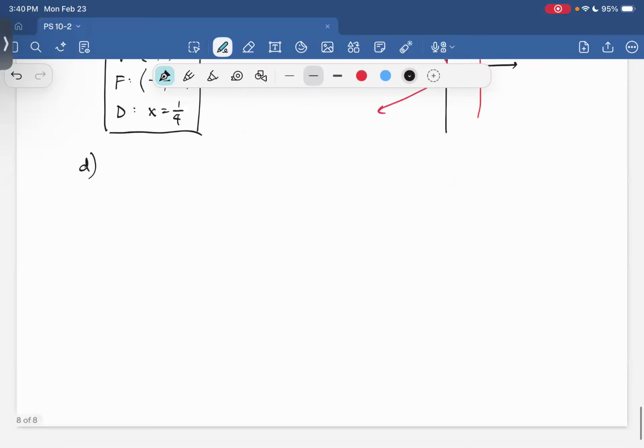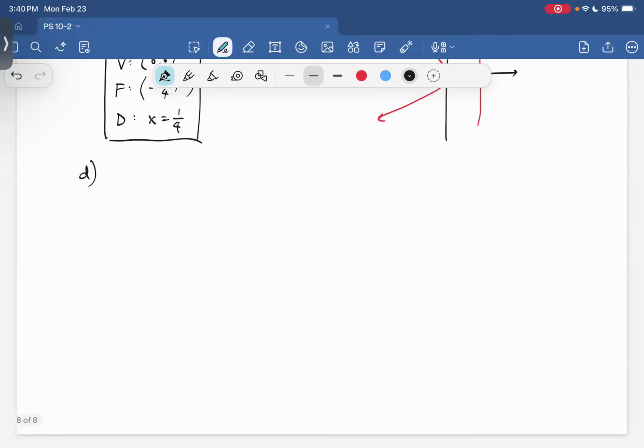Part D. Here we have x plus 5 plus y minus 1 squared equals 0. That's the same as y minus 1 squared equals negative x plus 5. And so because the coefficient is negative 1, that means p equals negative 1/4.